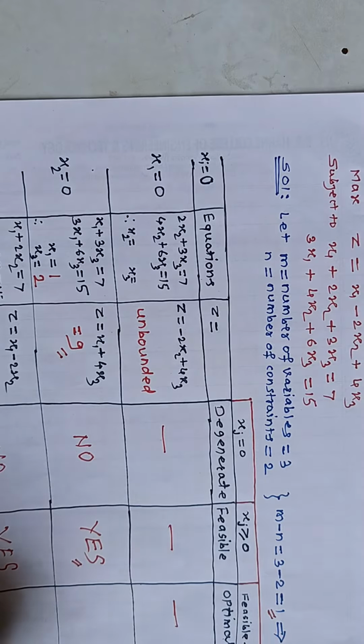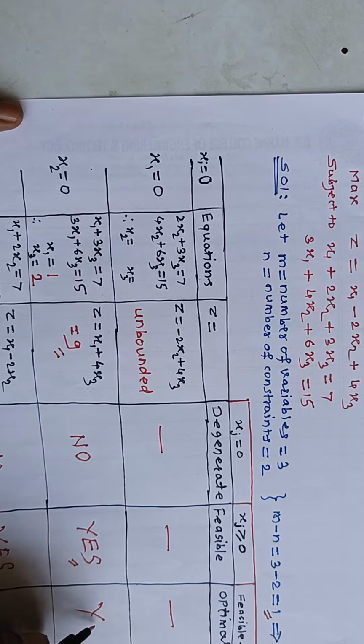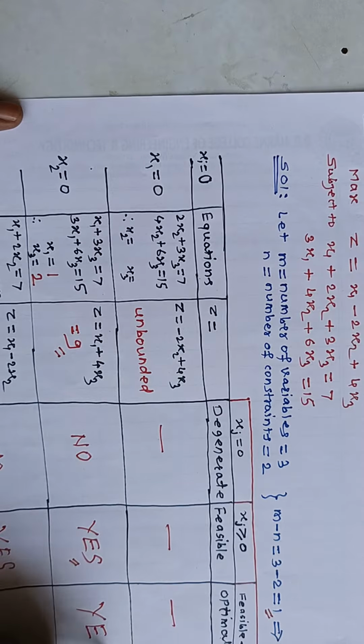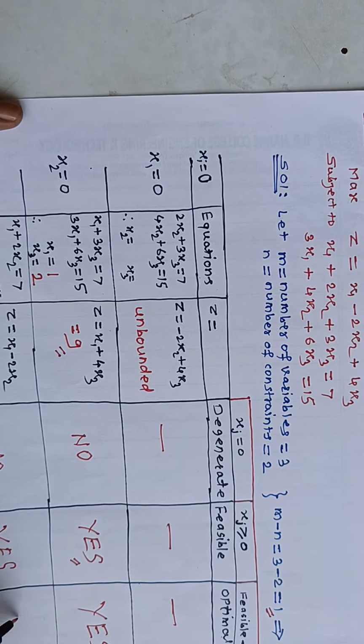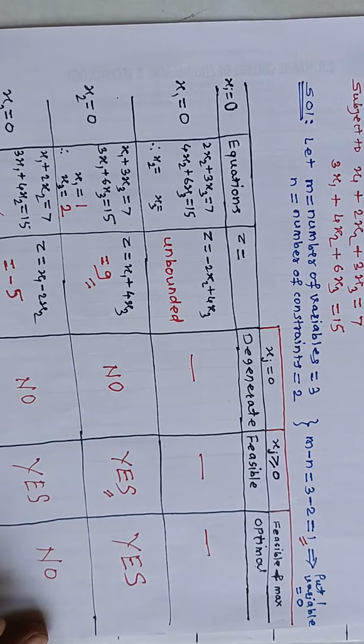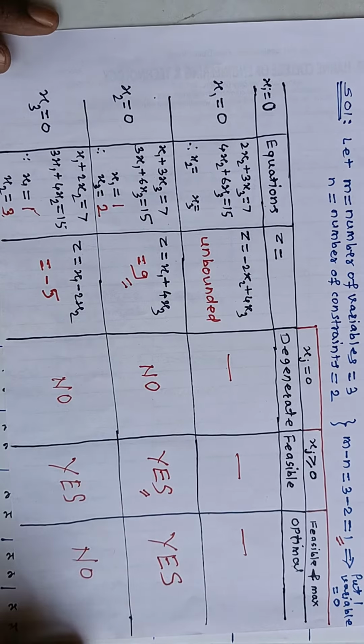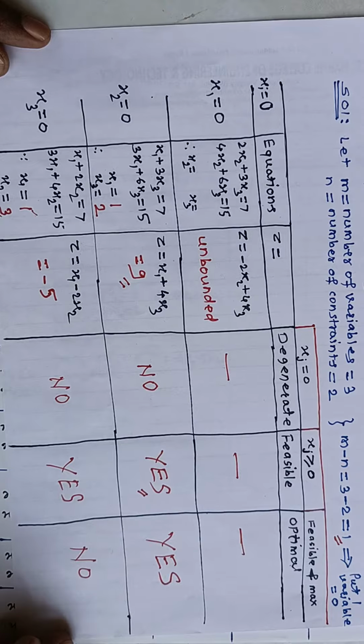So we can say this solution is optimal. We can put here yes, and for the remaining values it is no. Okay, this is the solution for this sum. We have obtained basic solutions like this.